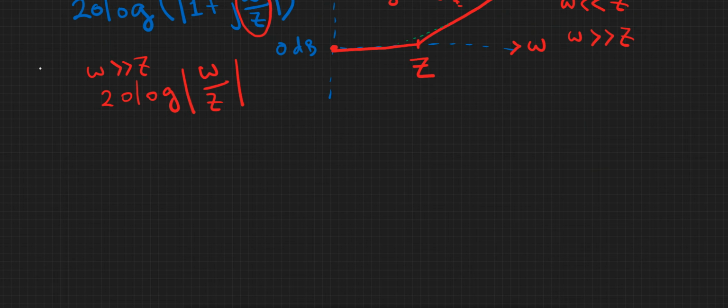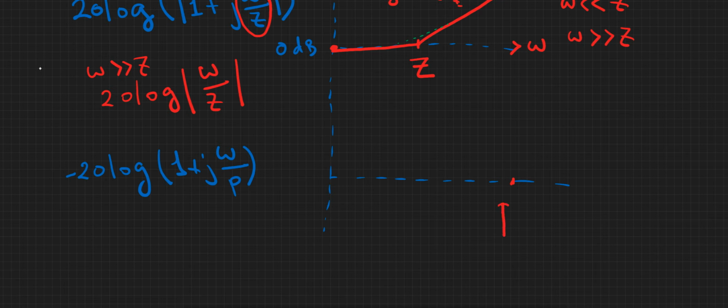All right, what about the other term? The other term is essentially minus 20 log 1 plus j omega over p. It is going to be very similar to this one, but the only difference is that it's just going to be the mirror of this figure.